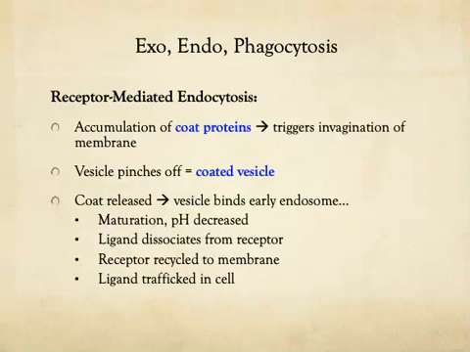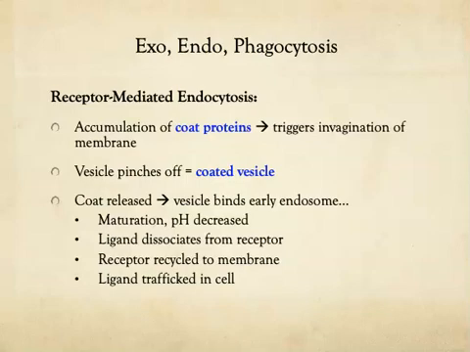Now, inside this new vesicle, remember, and I'll show you a picture of this in a minute, inside this new transport vesicle is that ligand. But remember, it was stuck to its receptor. We called it a ligand receptor complex, in fact.